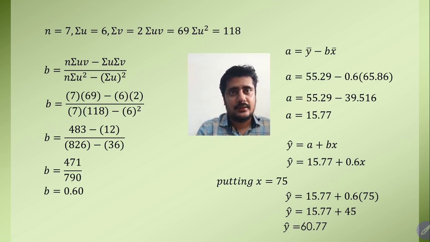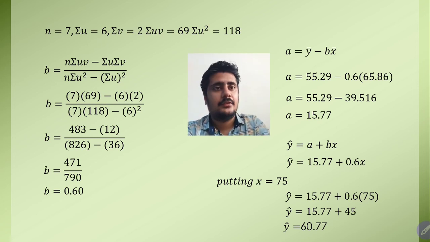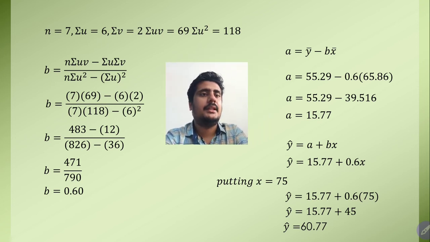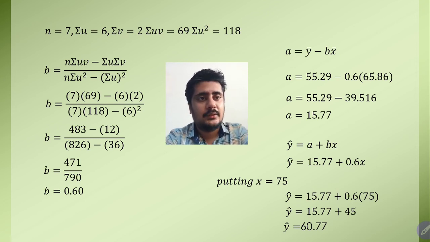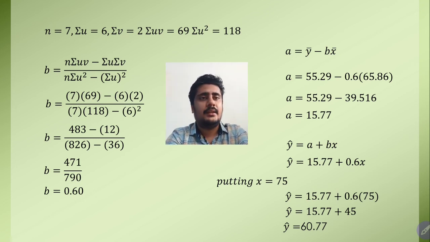So it's n sigma uv minus sigma u sigma v upon n sigma u square minus sigma u whole square. After solving the first step, b is equal to 0.6. After solving the second step, a is equal to 15.77, and in the question x was 75. So if you put 75 in place of x, the answer is 60.77.